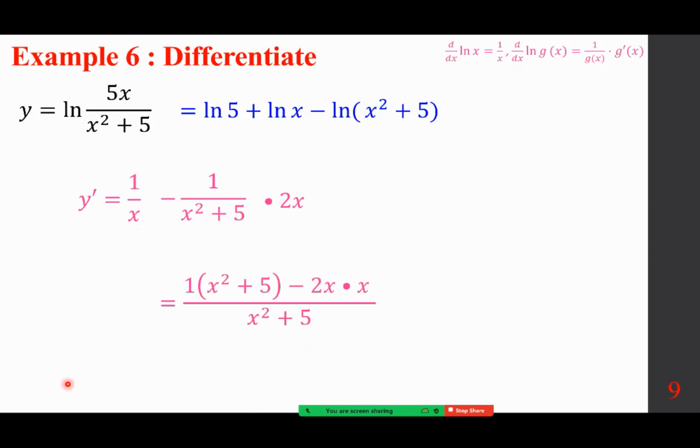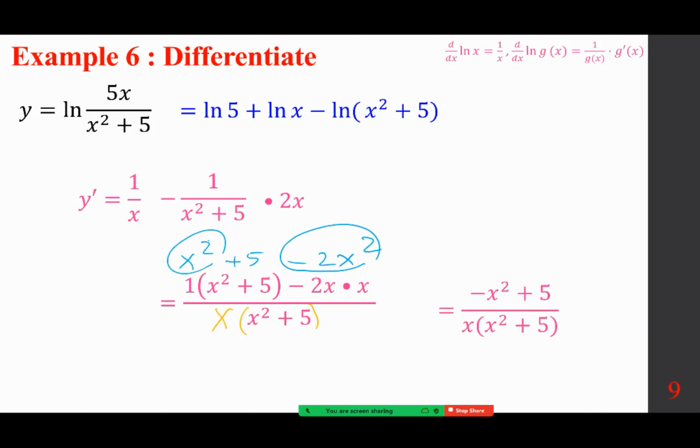So we have this. And the numerator, we are going to write it as x squared plus 5 minus 2x squared. We can combine these two into minus x squared. So the final result is minus x squared plus 5 over x times x squared plus 5.